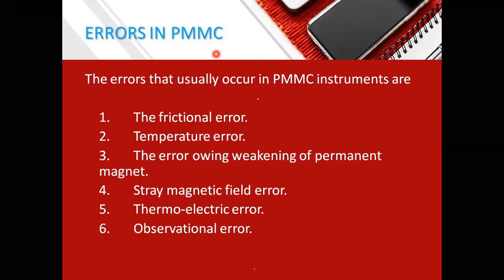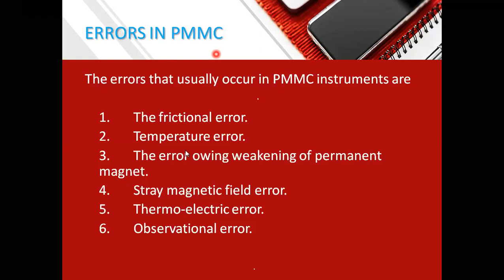Temperature error, because we will not have the same temperature conditions throughout the year and at different environments like industry or a lab or somewhere else. The temperature affects, so there are some errors introduced because of temperature. We'll see each and every error in upcoming slides along with the remedies.